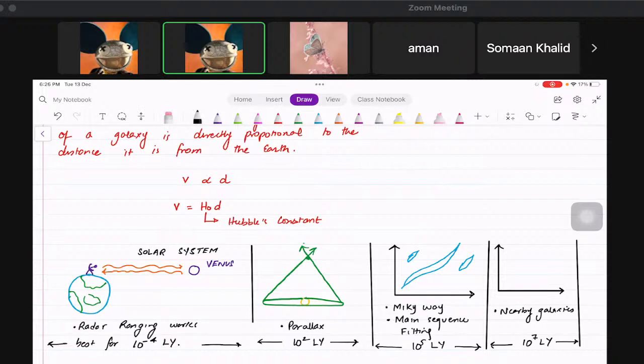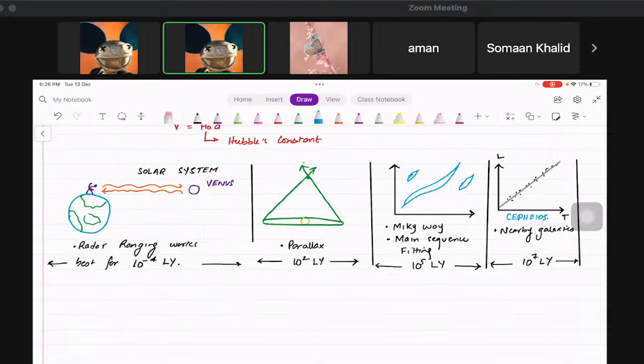So for Cepheids, there's a luminosity and there is a period, and then there is a line that we sketch using this. These are called Cepheids. After that I'm going to go down, because otherwise the notes would be distorted.